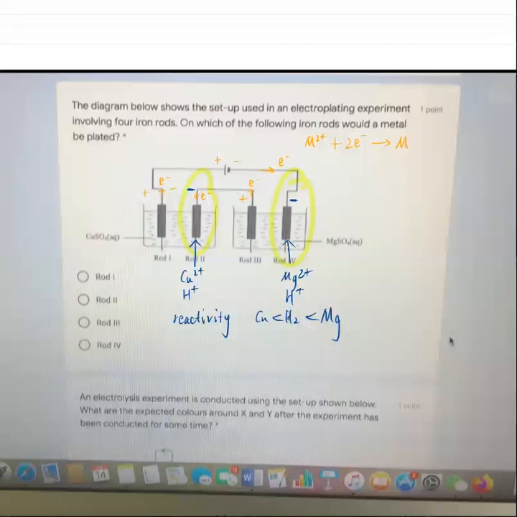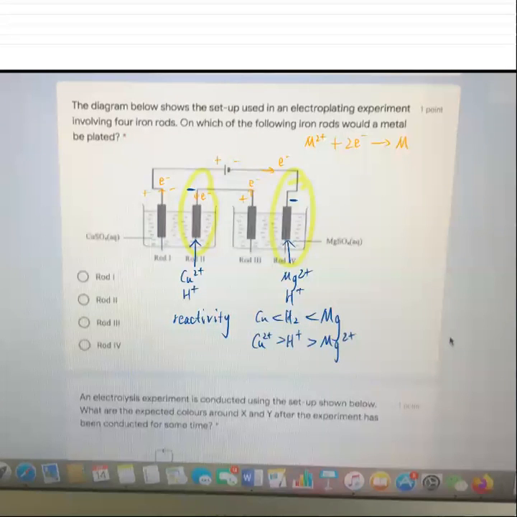Remember, if it's pretty stable as a metal, then its ion will be pretty unstable and will readily gain electrons to go back to the metal. So copper 2 ion, among all three, is the most readily discharged.